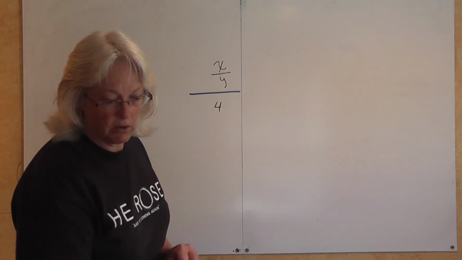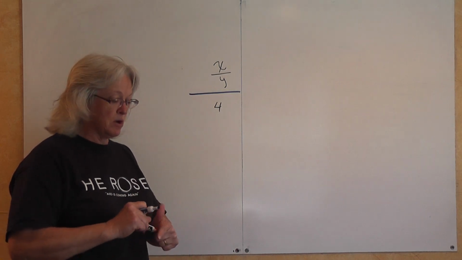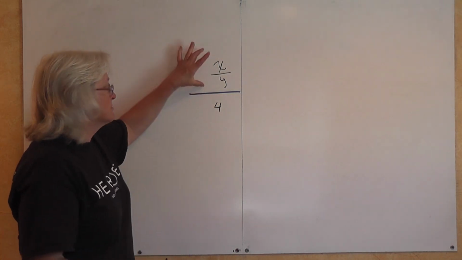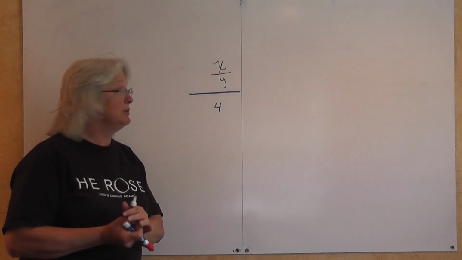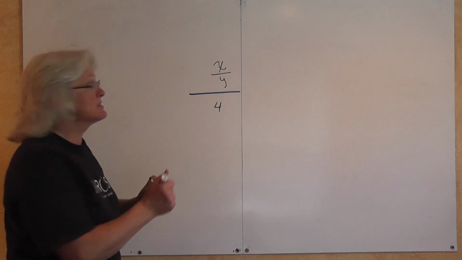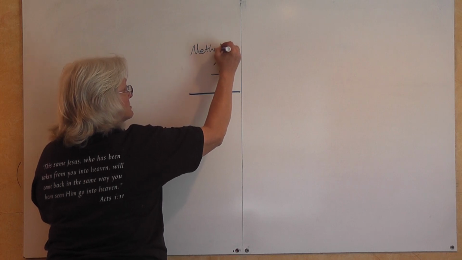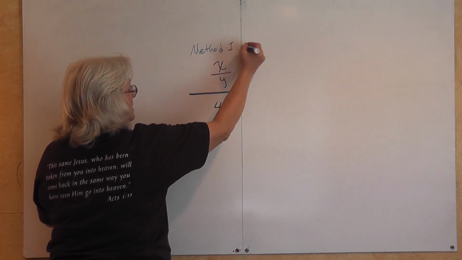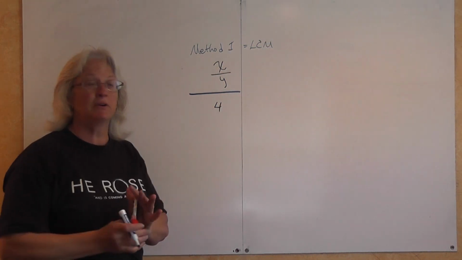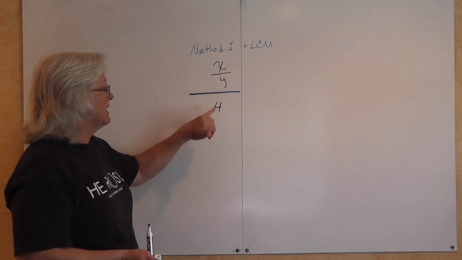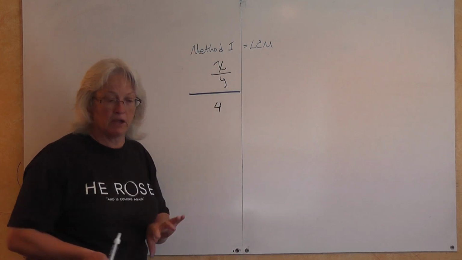We want to simplify x over y divided by 4. This is a complex rational expression because the numerator is a rational expression. Now, the first method that we're going to use, I'm going to say that this is method 1, and this is where we use the least common multiple of the denominators that are occurring in both the numerator and the denominator.